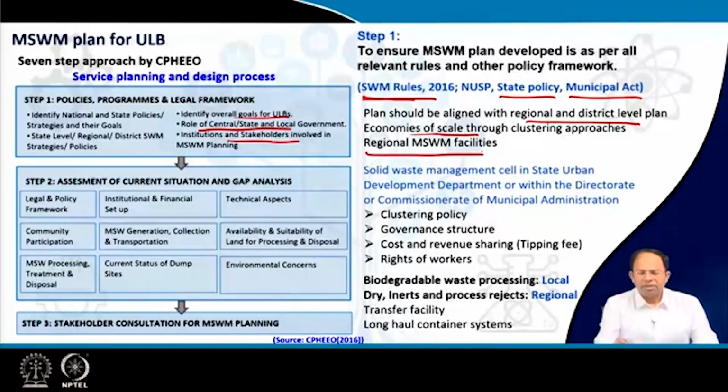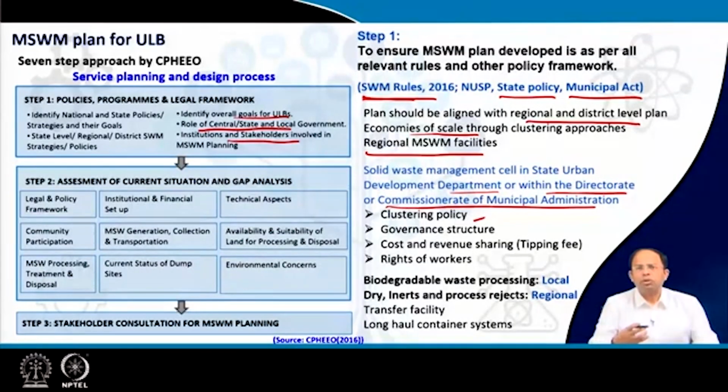So we can think of regional municipal solid waste management facilities, and when we have this kind of facilities, run by private or government organizations, we have to also think about the organizational structure, how this would be administered, because these are regional facilities shared by multiple ULBs. So the solid waste management cell in the state urban development department or within the directorate or commissionerate of municipal administration, they are the ones who determine the clustering policy.